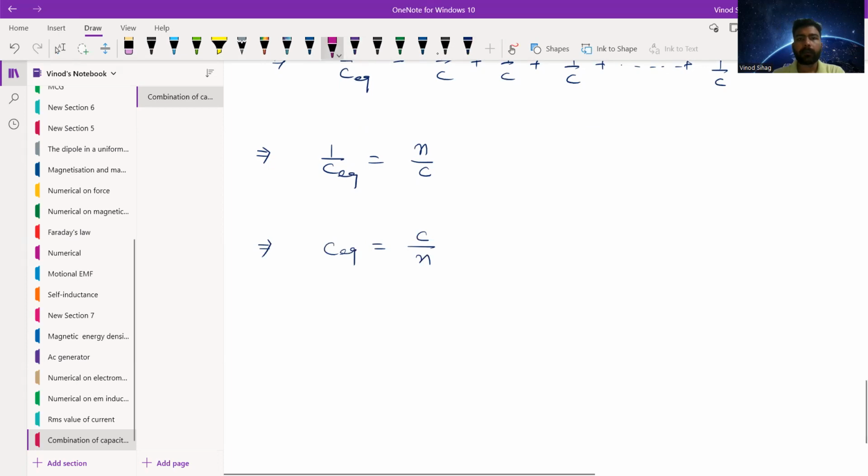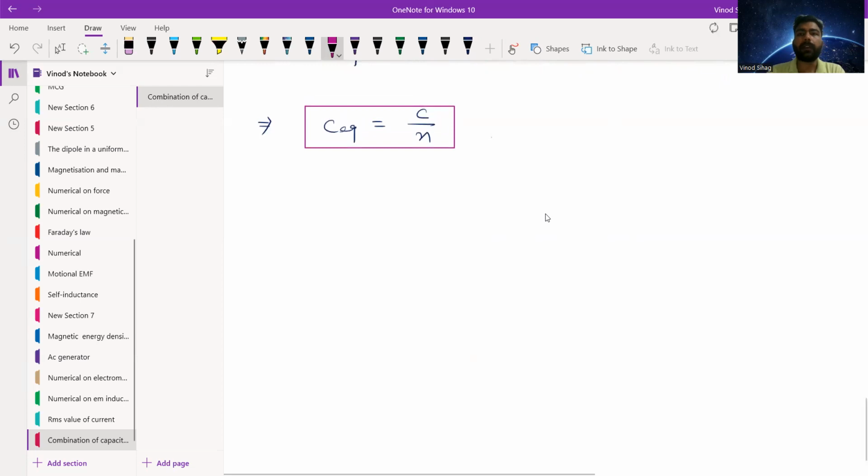Sometimes it is asked in the question paper that n capacitors of some capacitance, for example 2 microfarad, are connected in series, and their equivalent capacitance is given, so find out the number of capacitors. These kinds of questions are generally asked in question papers.